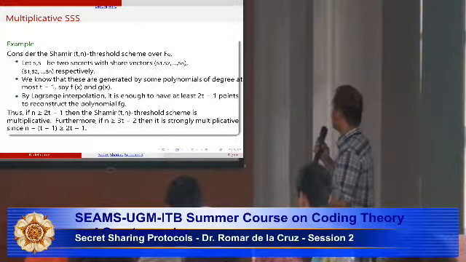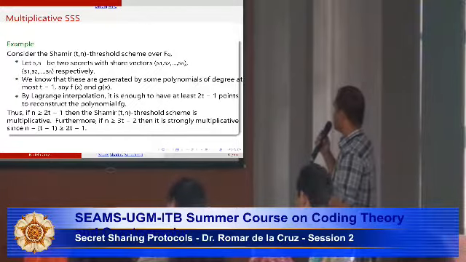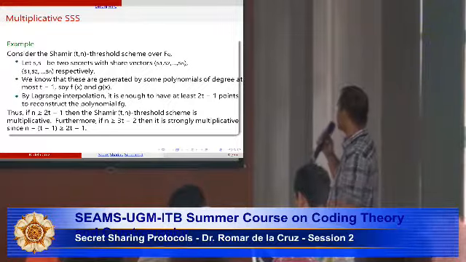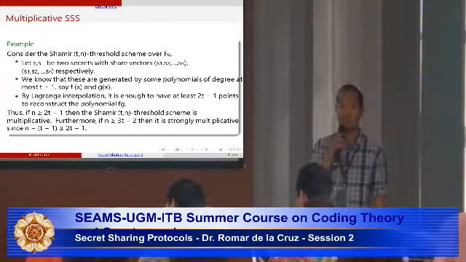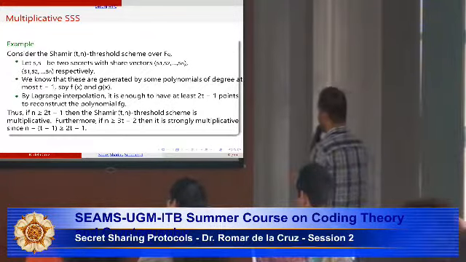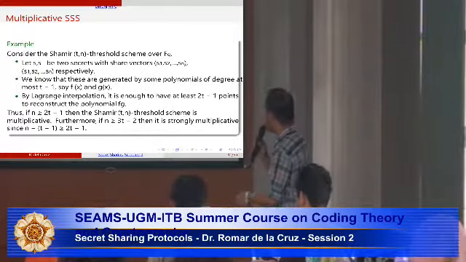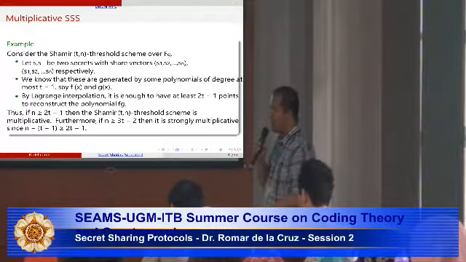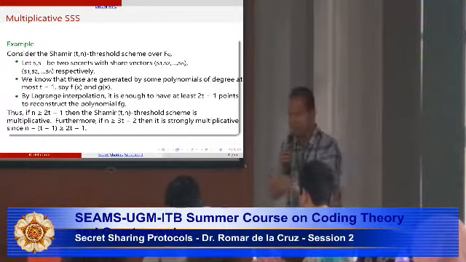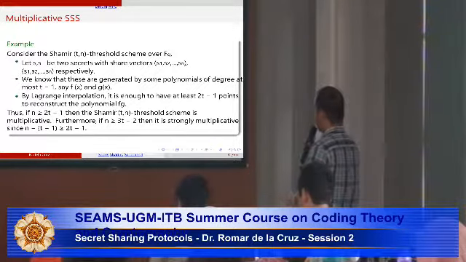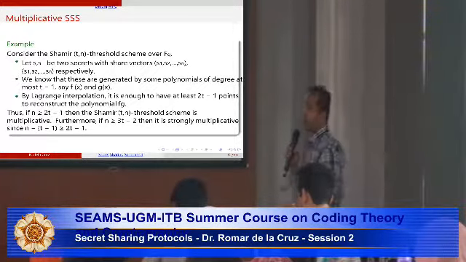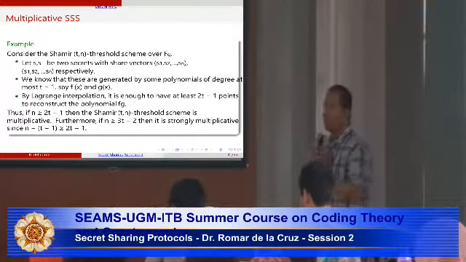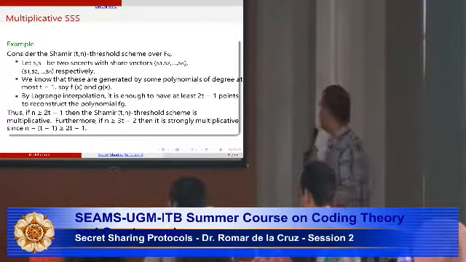We consider two secrets, S and S prime, and suppose these are the corresponding share vectors, applying the Shamir threshold scheme. If you remember, these shares are evaluations of polynomials, so they are points on the polynomial. Now, if you look at the product of these two secrets, you look at the product of the two polynomials, f of x and g of x.